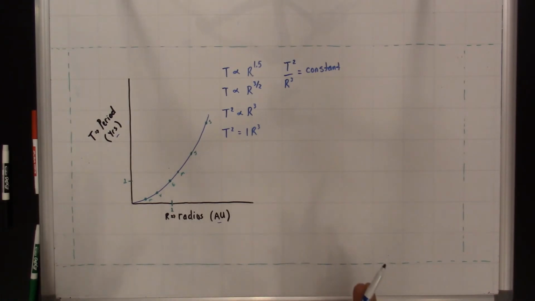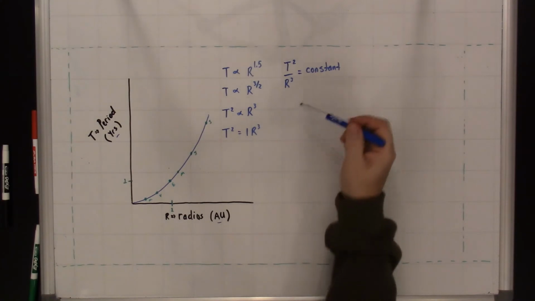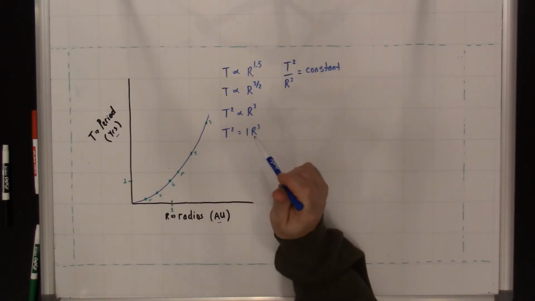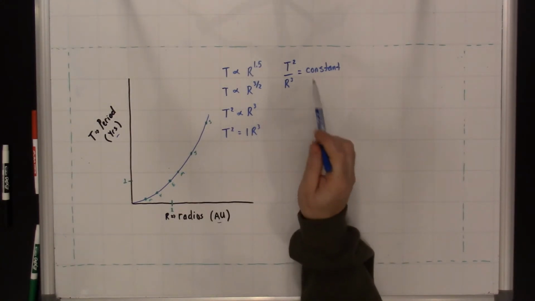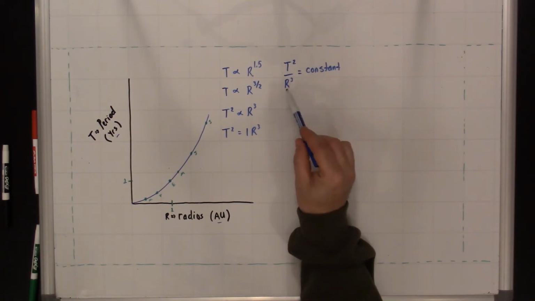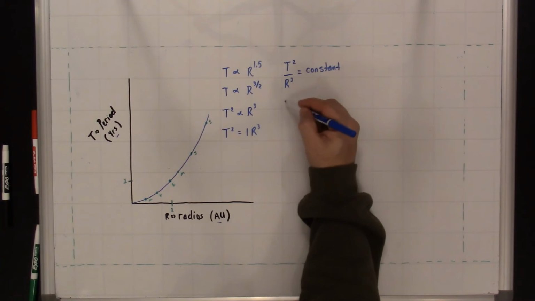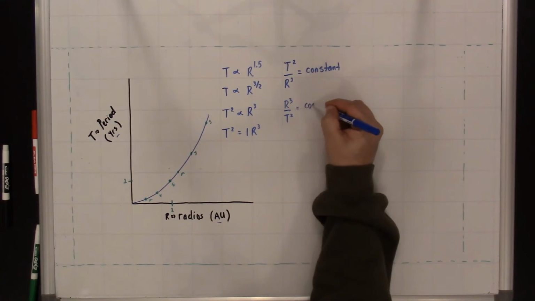This is a crazy idea because it doesn't matter where you are in the solar system, as long as you're going around the sun, the T squared over R cubed constant is a constant. Now you could also flip this over and be like, no, it's R cubed over T squared. This would also be a constant.